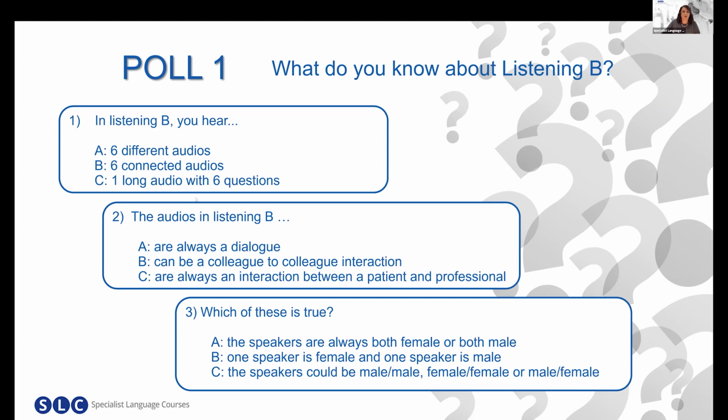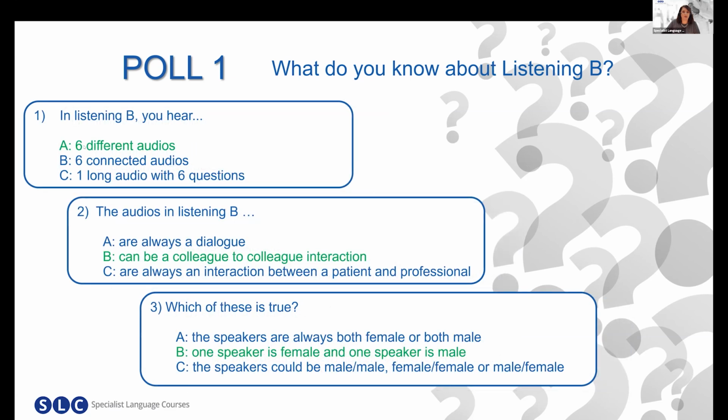For question number 1, in listening B, you hear 6 different audios. This is the correct answer. The audios are not connected by topic, so they're on different topics, and you do not have one long audio. You have 6 separate audios. Question number 2, the audios in listening B can be a colleague-to-colleague interaction.